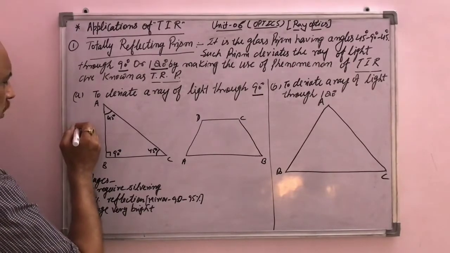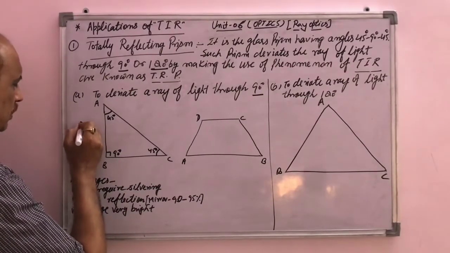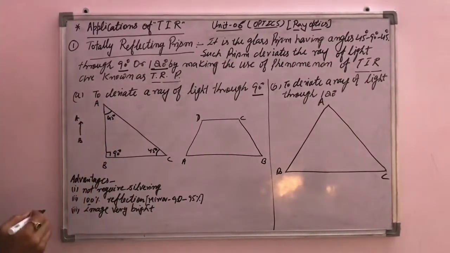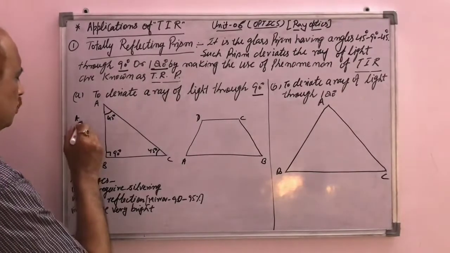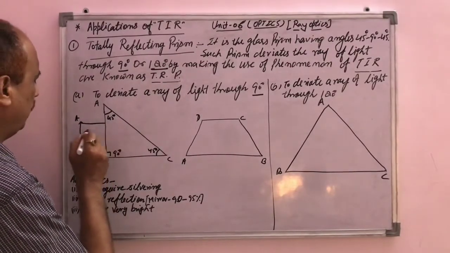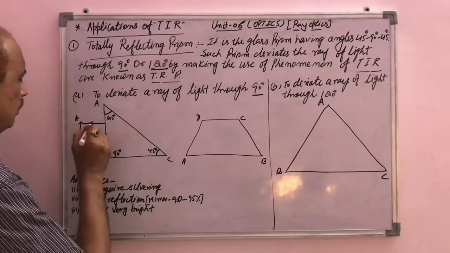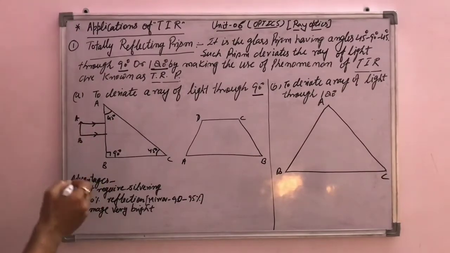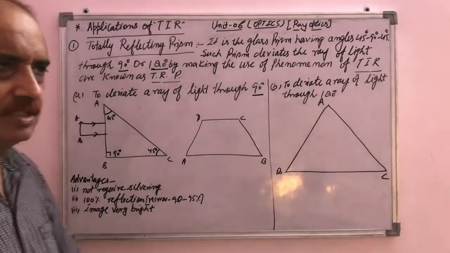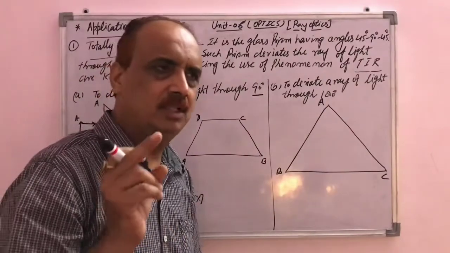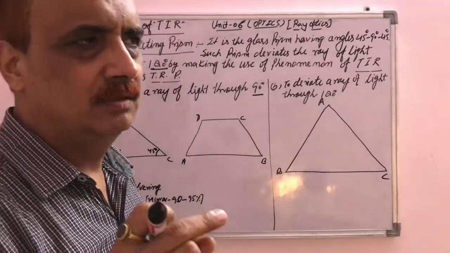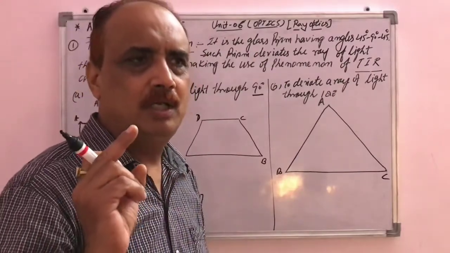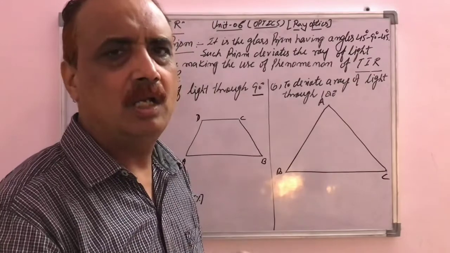Say the object AB is placed in front of the face AB of the prism. The ray of light is incident normally on the first face AB of the prism. As I have already discussed in total internal reflection, when a ray of light is incident normally on the interface of two media, it passes through the interface along a straight line.